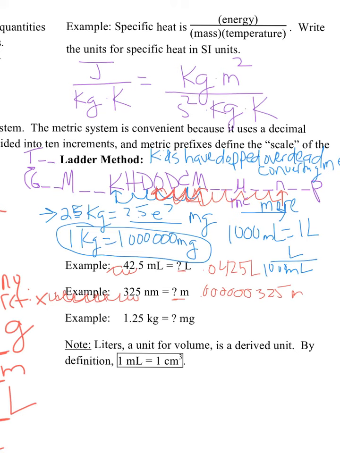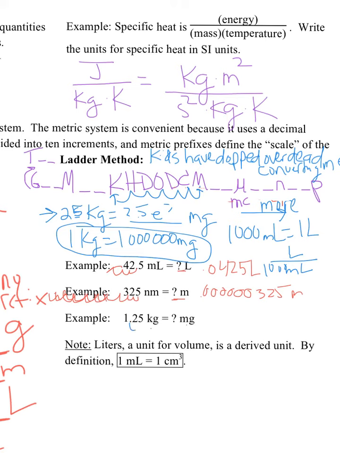I'm going to erase a few things up here so you can see better. I'm going to do this again. This question is asking me to go from kilograms to milligrams, so I'm going to use blue, start at kilograms, and go 1, 2, 3, 4, 5, 6 over to milligrams.